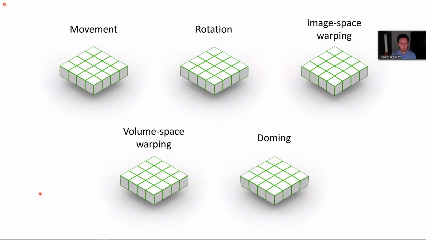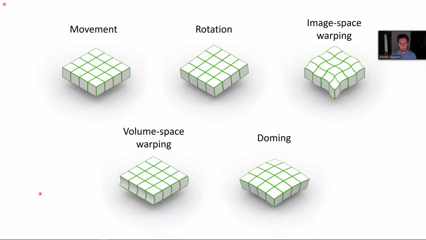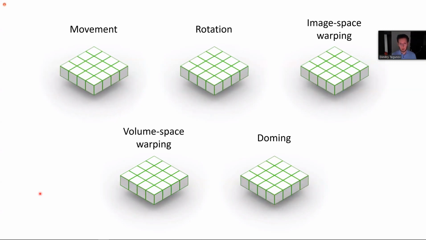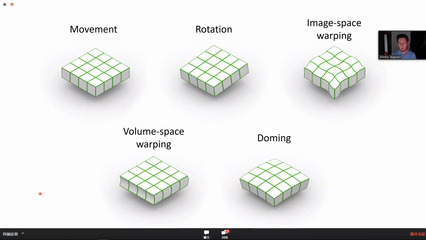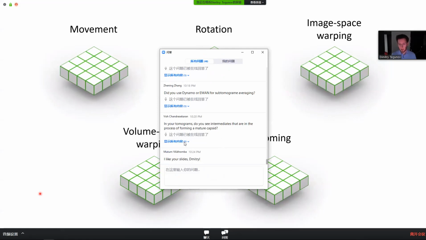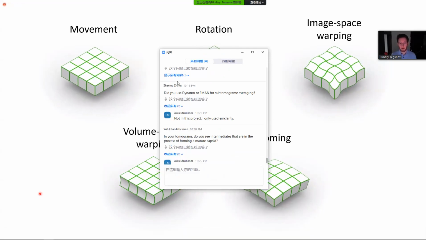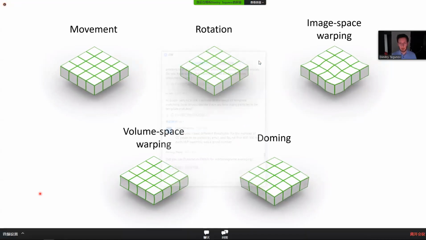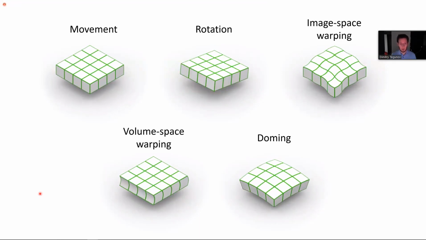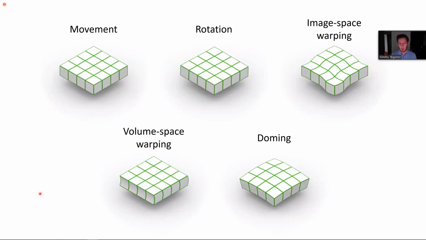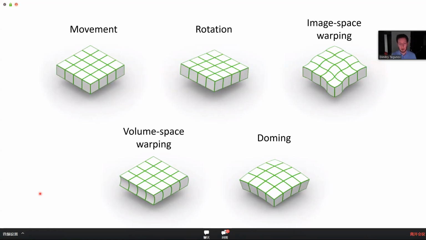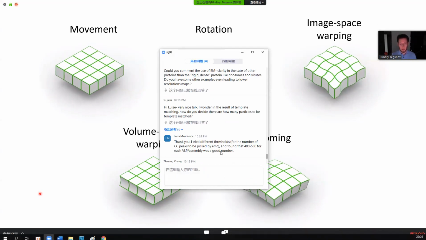On the one hand, we have global, pretty much per tilt or per frame in case of 2D data, movement because of stage instability, also global rotation for the same reason. Because of beam-induced motion, we have image space warping. If we have a fairly thick volume, then this image space warping could also be distinguished from volume space warping, where basically multiple layers of particles shift relatively to each other in the sample plane.